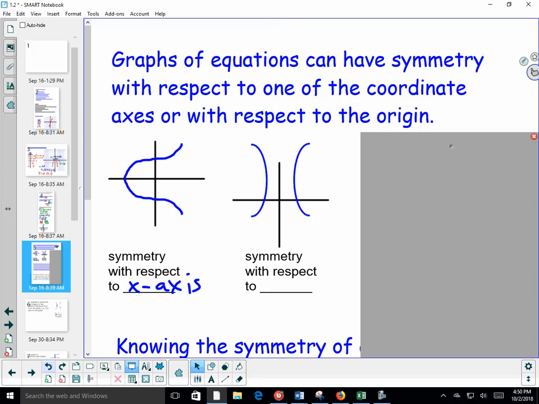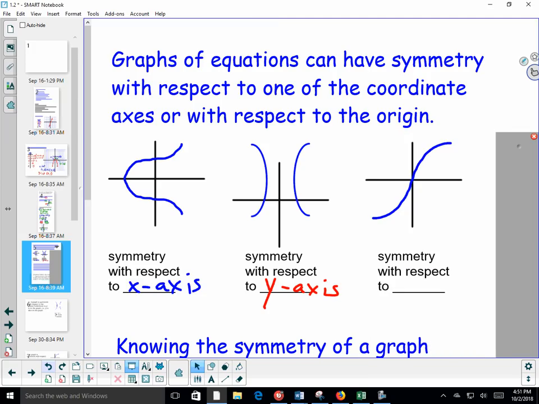All right, let's take a look at this picture. Now this one looks like it has some symmetry also, but this time it looks like the mirror would be the y-axis, because we've got mirror images on the right side and the left side of that y-axis. And so in this case, I would say this is symmetry with respect to the y-axis. All right, and how about this picture?